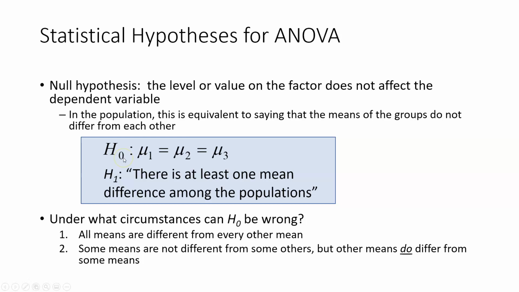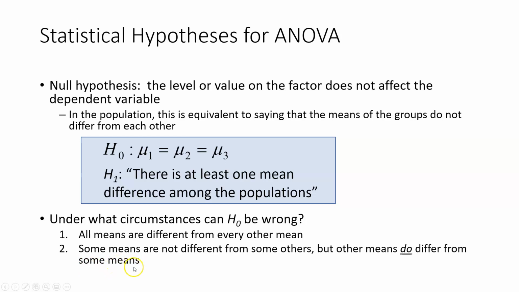the treatments don't work. But the alternative hypothesis can't be written in a statistical notation with these symbols like we've been doing, because there are too many ways in which the null hypothesis can be violated. Look down here. Under what circumstances can the null be wrong? Well, it could be if all the means are different from every other mean, or it could be if some of the means are not different from some of the others, but other means do differ from some means.